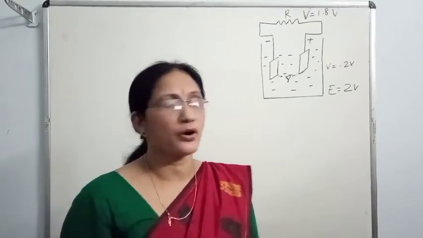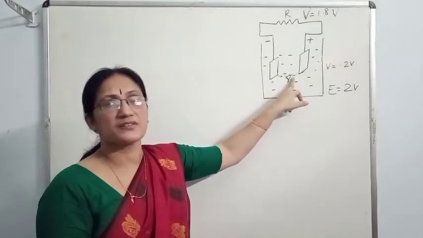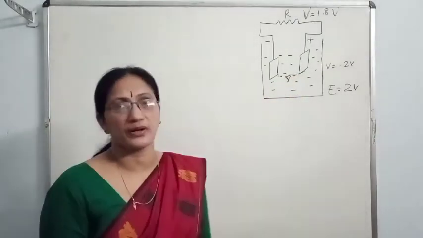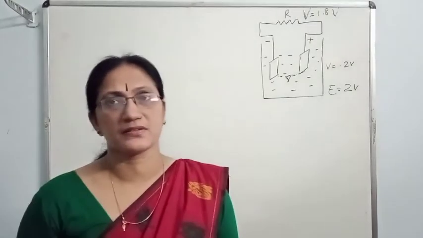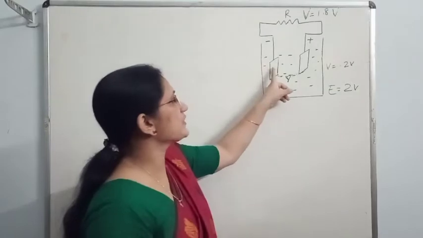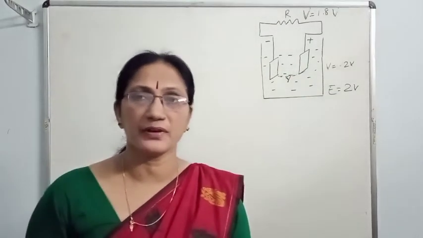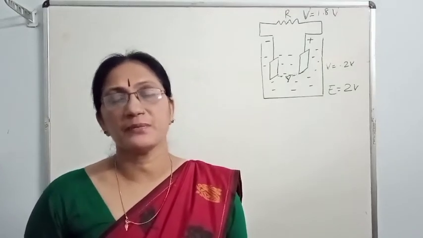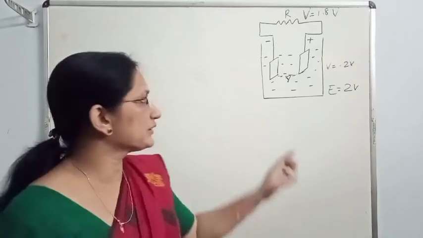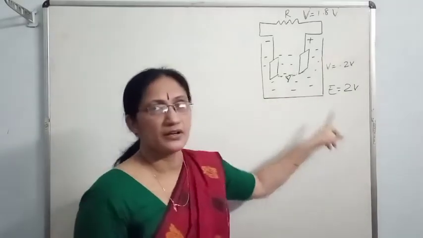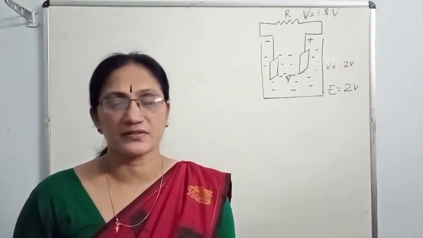Now something more about internal resistance of a cell. The definition is, it is the resistance provided by the electrolyte of a cell. This internal resistance depends on certain factors. First, the surface area of the electrodes: more the surface area of electrodes, less will be the internal resistance. Second, temperature of the electrolyte: if it is high, less will be the internal resistance.